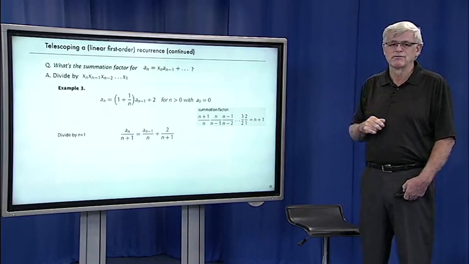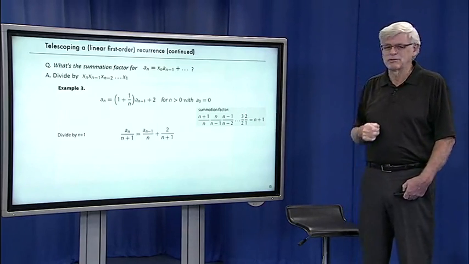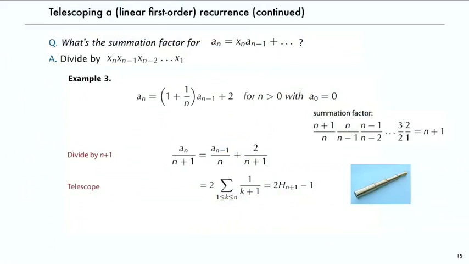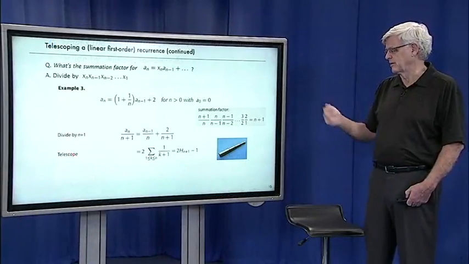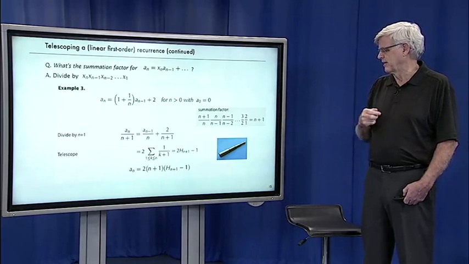And there's an easy formula for the summation factor. The cancellation maybe is magic, but not that magic. So now that thing telescopes, and each time it throws out a 2 over n plus 1, so that's the sum of 1 over k plus 1, as k goes from 1 to n, multiplied by 2, and that's the harmonic numbers, and then just doing the algebra, that's a solution.